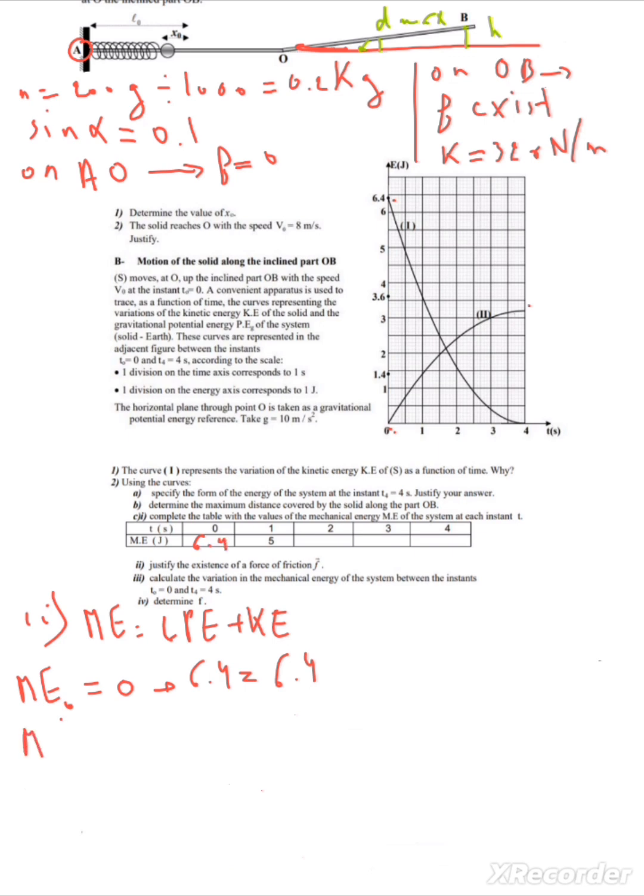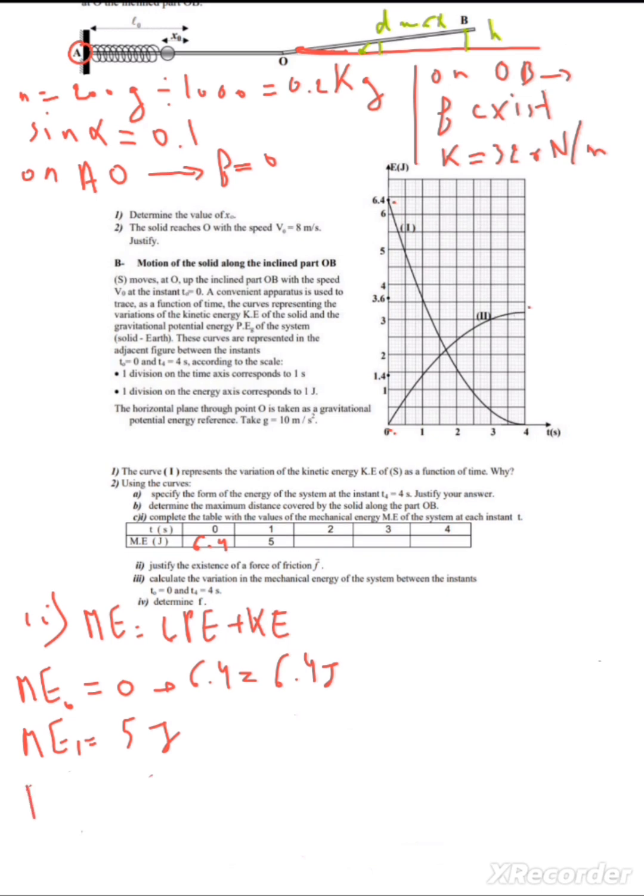At t equal 1, it's 5 joules. At t equal 2 seconds, GPE equal 2.4 and KE equal 1.6. So mechanical energy equal 4 joules.